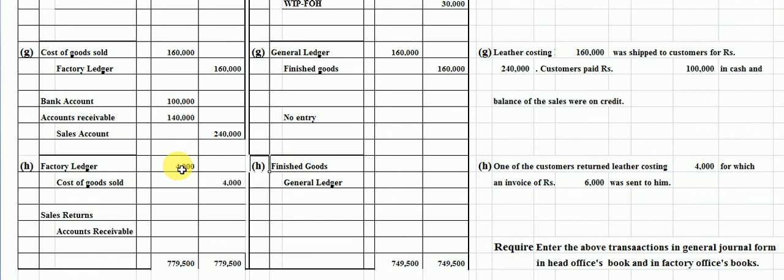Now in factory books, goods are returned to storeroom. Again 4,000 rupees is debited and 4,000 rupees credited to general ledger. Now students, in sales return 4,000 rupees, and the accounts receivable is decreased by this value, 4,000 rupees.